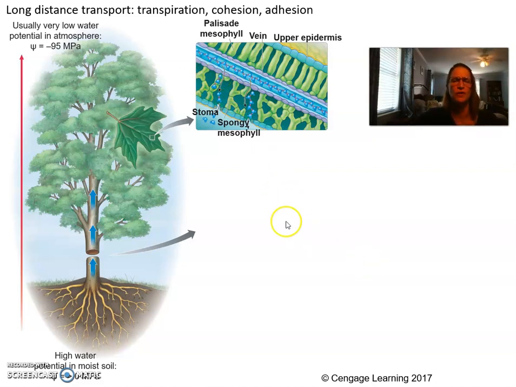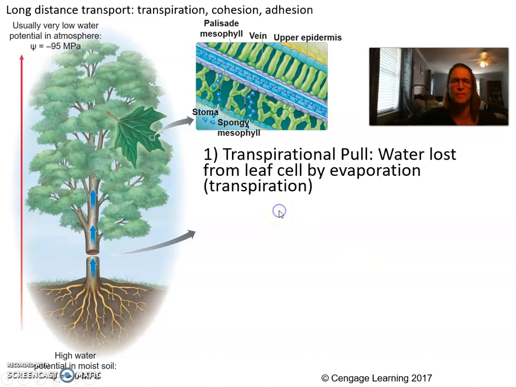Okay, so the first step is transpirational pull. Transpiration is another word for evaporation from a leaf. So when water evaporates from a leaf through the stoma or stomata, which remember are those little openings at the bottom surface of the leaf, that's called transpiration.